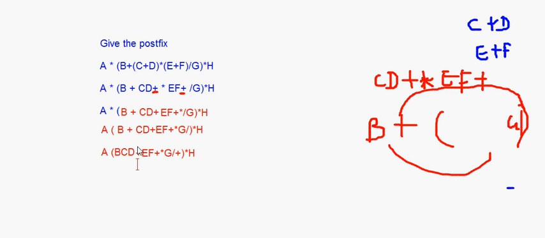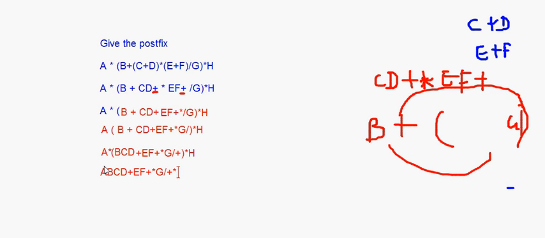Now A into BCD you have, so that is again, both are multiplication sign now. This is also A into here, right? Okay, so first of all I'll do this, ABCD plus EF plus into G divided by plus and then into, right?